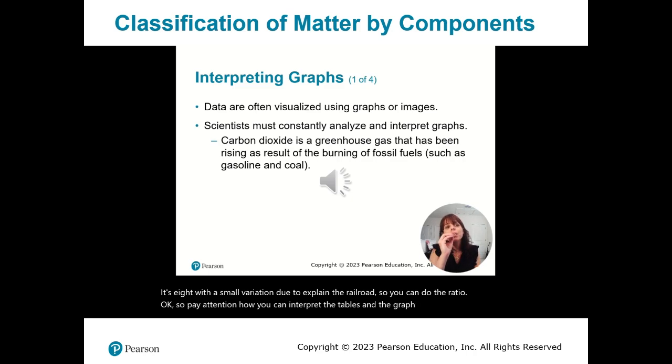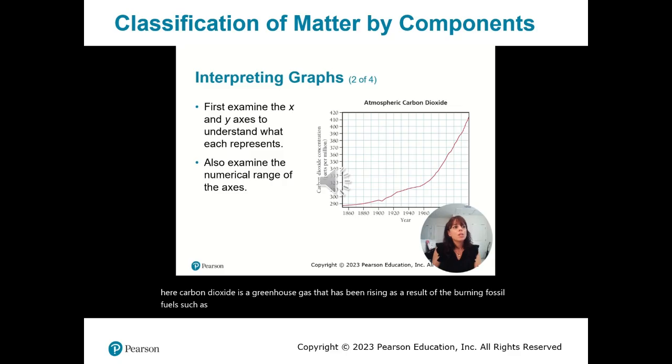For example, here, carbon dioxide is a greenhouse gas that has been rising as a result of burning fossil fuels, such as gasoline or coal. So when I look at the graphic, you see the different years, like 1900 compared to 1890, how it's increasing.